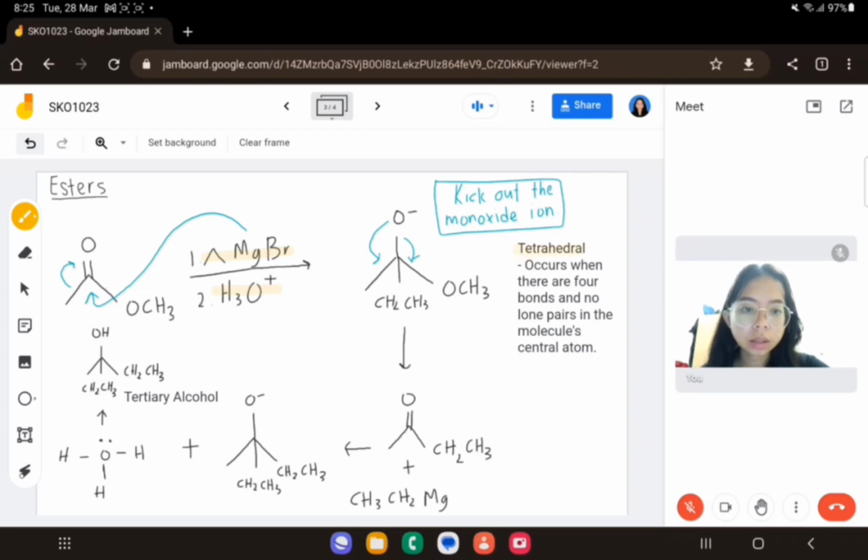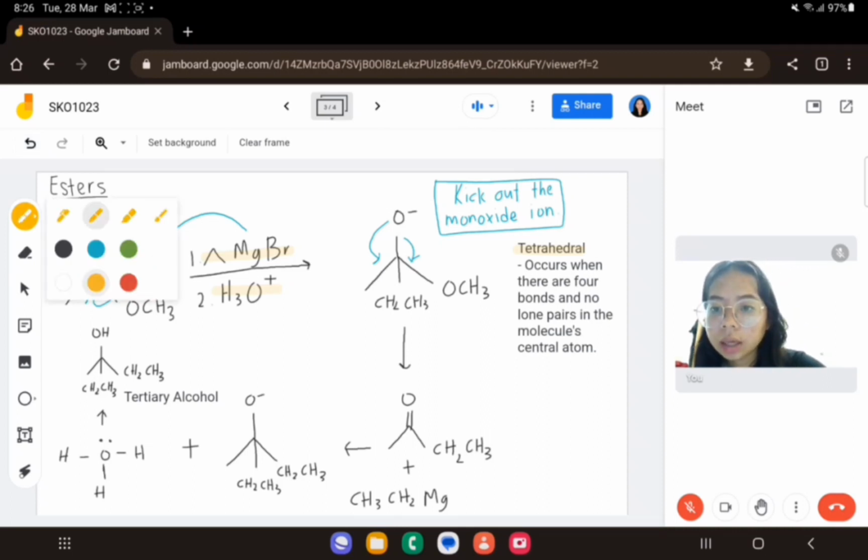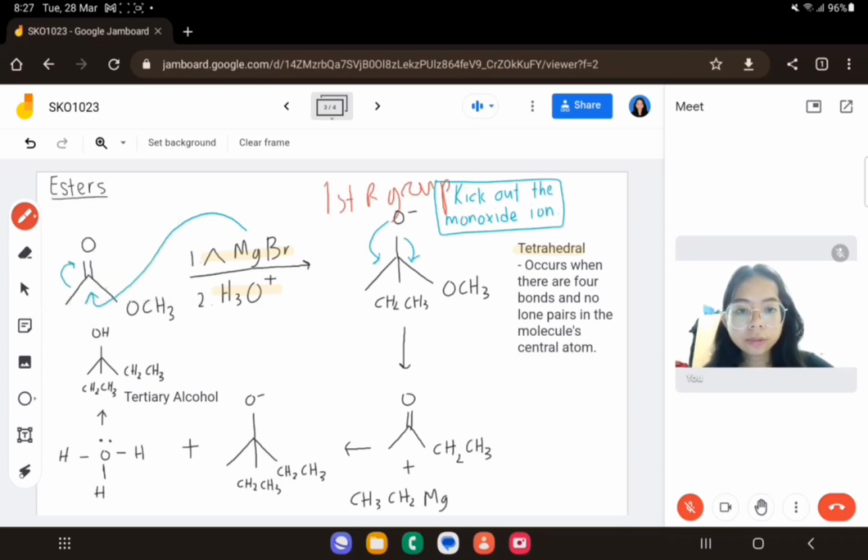Tetrahedral occurs when there are 4 bonds and no lone pairs on the molecule's central atom. So this is going to be the first R group. When the tetrahedral intermediate is formed, we can kick out the methoxide ion, and when that happens, it will give us a ketone.